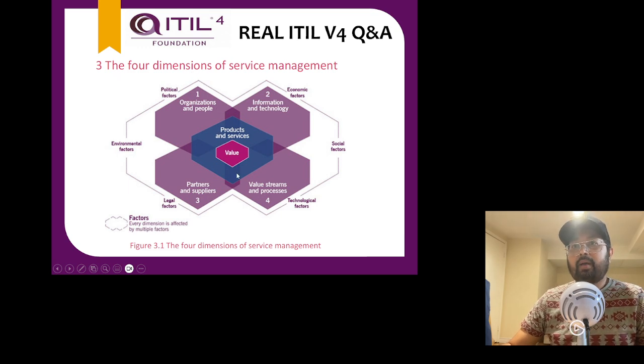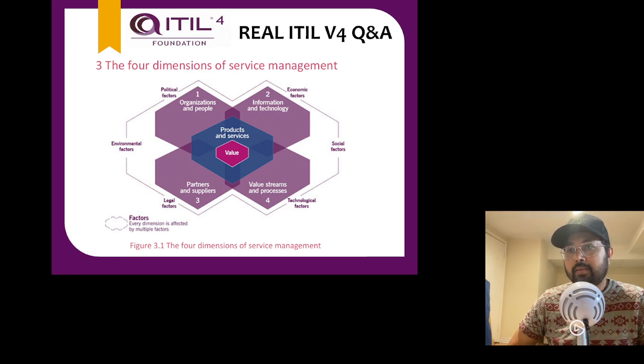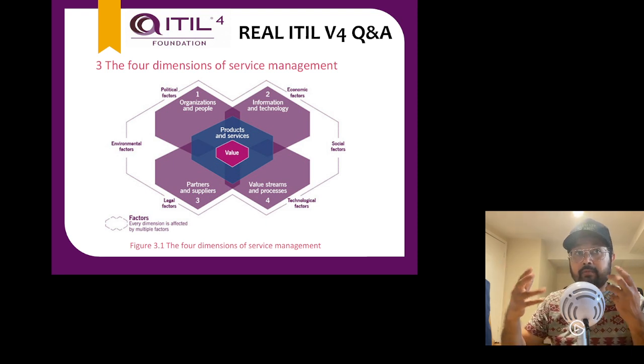So here, this is a very important diagram to understand. You can see this is the dimensions of service management, a diagram devised by ITIL 4 Foundation.